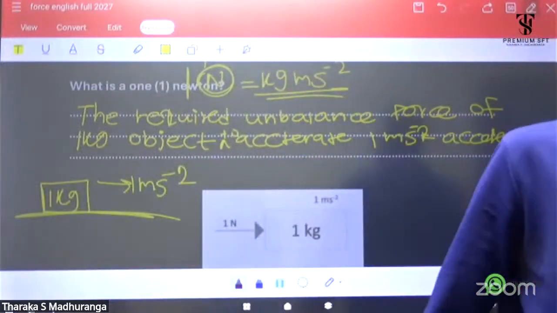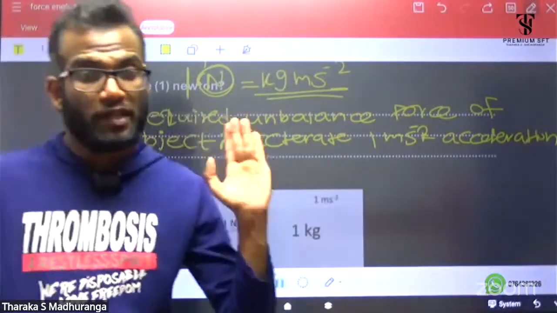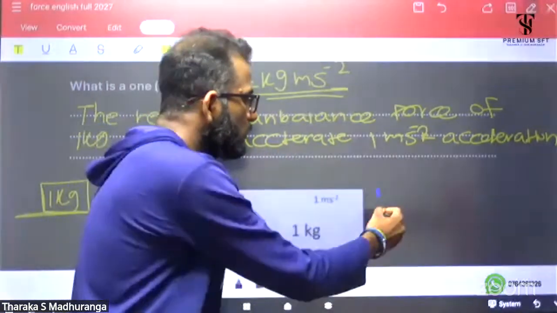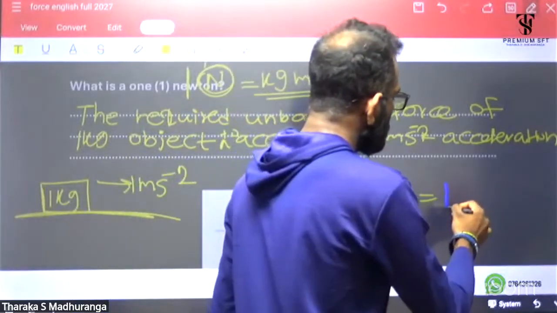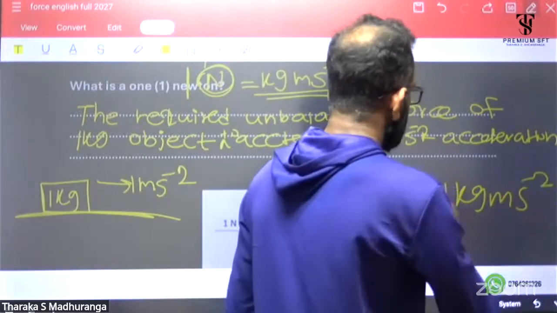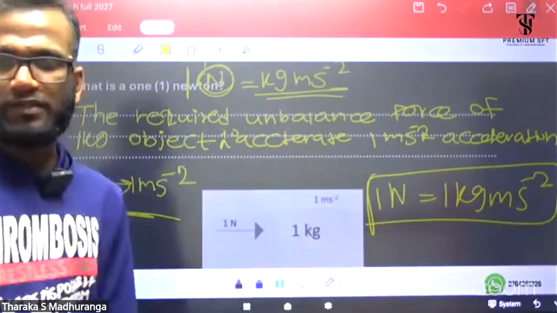Okay, 1 Newton is not a base SI unit. It is a derived SI unit. Actually, 1 Newton means 1 kg ms minus 2. That's the meaning. This type of unit we call derived SI units.